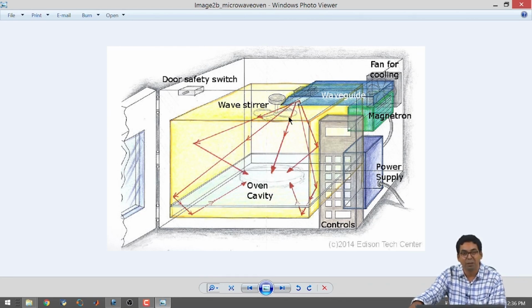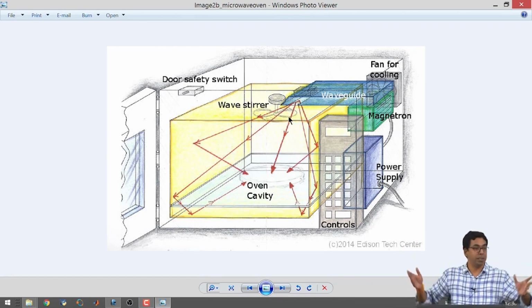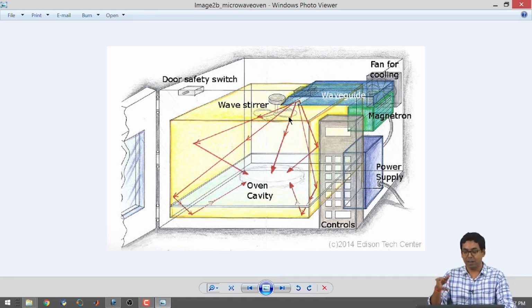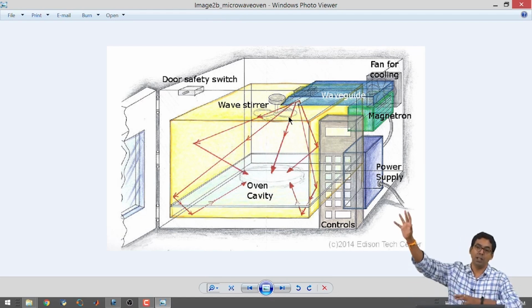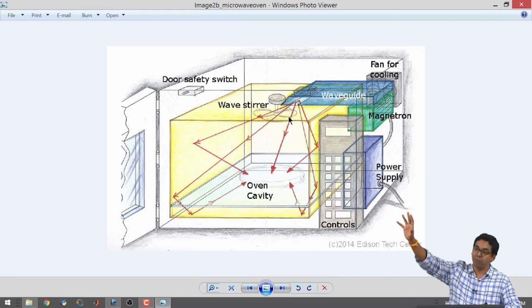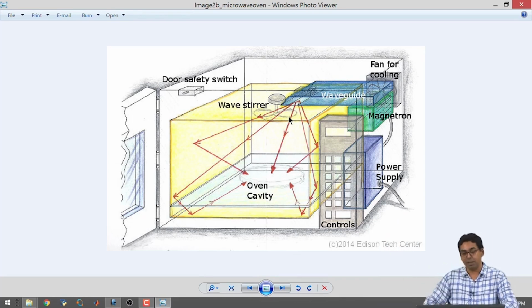Now, the cavity needs to have specific dimensions, because it has to produce standing waves which match the boundary conditions at all these interfaces, which means there is some standard for the size of the box. That also means that for a given box you can have only a specific source with a specific frequency. But you can see the wave can directly hit the food, it can have one bounce and hit the food.